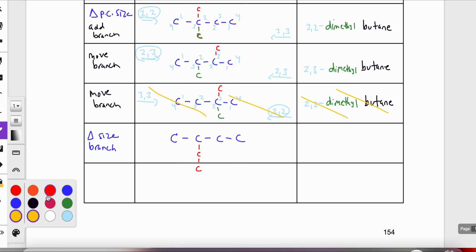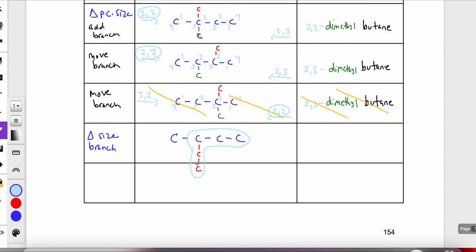So when I go to do this, I need to circle my longest parent chain possible. And that means how many carbons can I circle without crossing a carbon-to-carbon bond. So take a look at this. Look at how I can circle this. Here is my longest carbon-to-carbon parent chain.